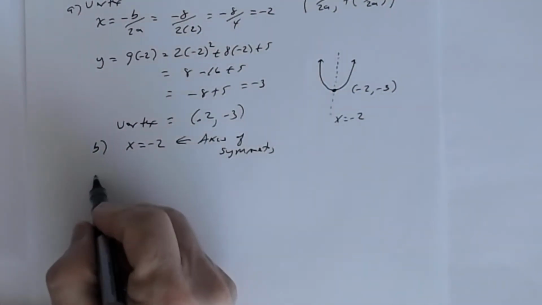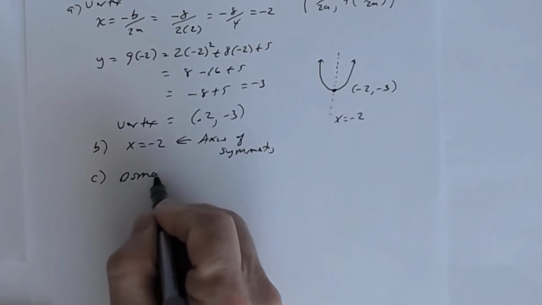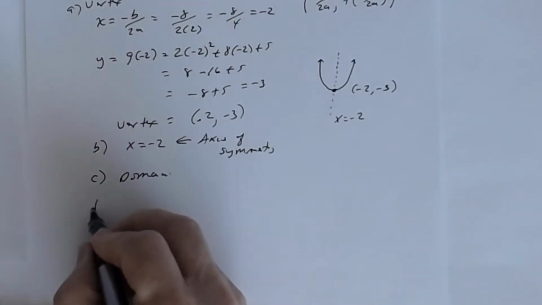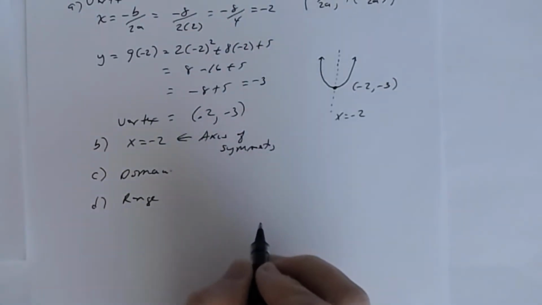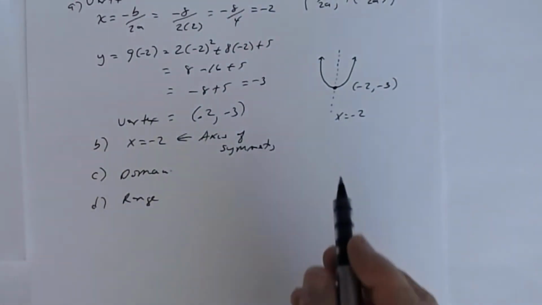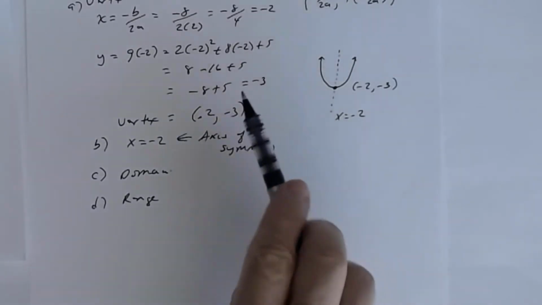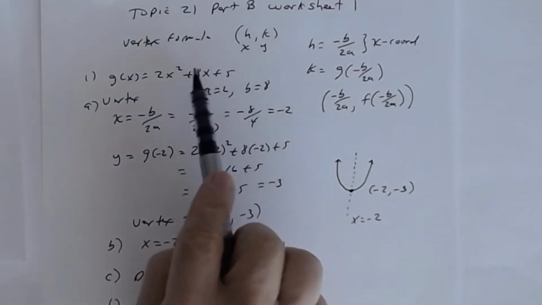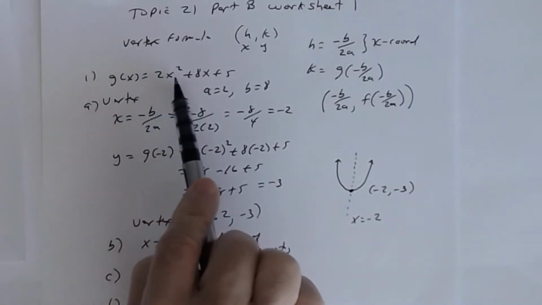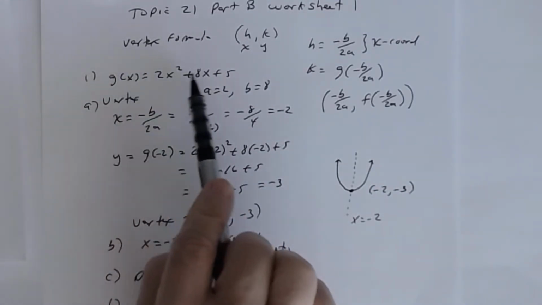So C, they want to know the domain, and D, they want to know the range. Okay? And so let's talk about the domain and range. So remember, this quadratic function is a polynomial function. And so we know that for all polynomial functions, the domain is all real numbers.